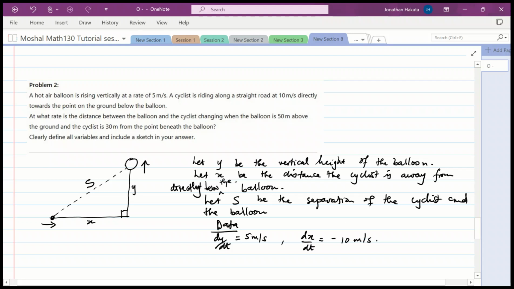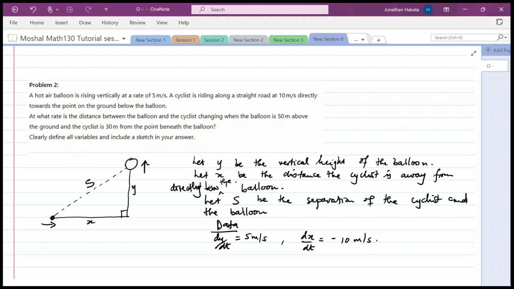This is very important. Whenever we are shrinking the distance, we apply a negative. When we are increasing the distance, we put a positive to the derivative quantity. dx/dt is equal to negative 10 in this case, because the distance x is shrinking.